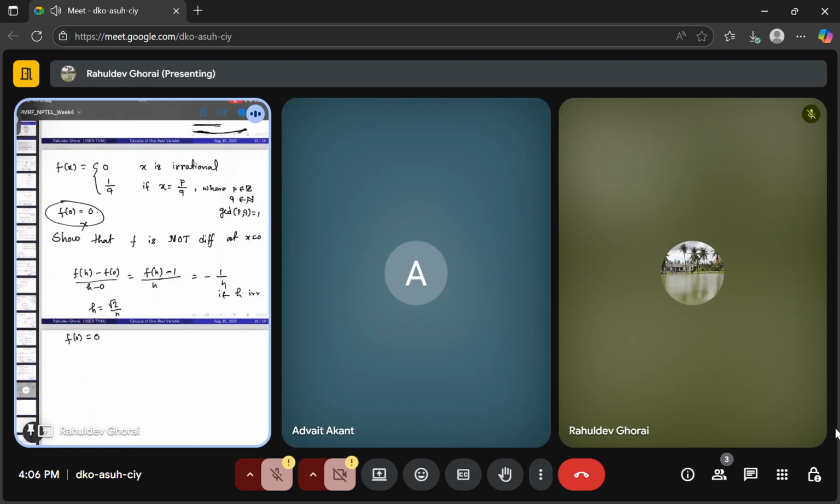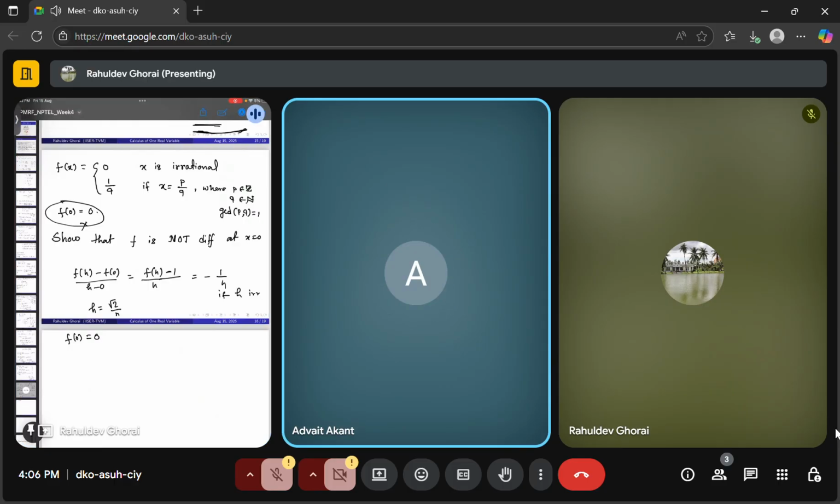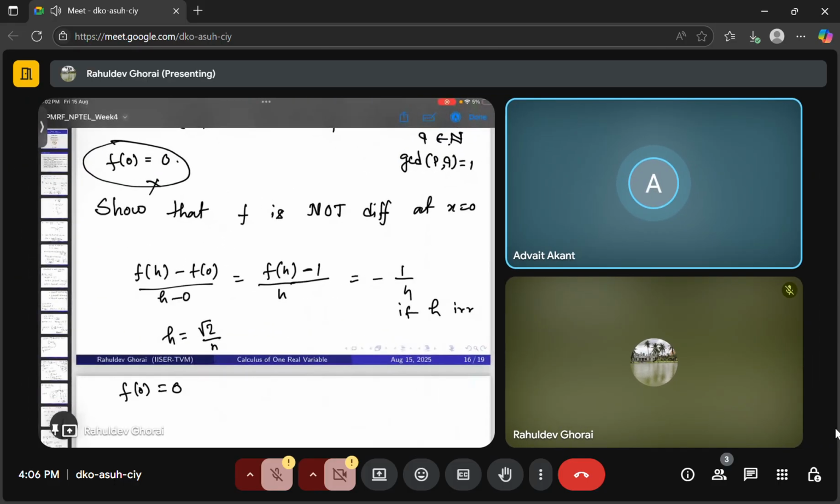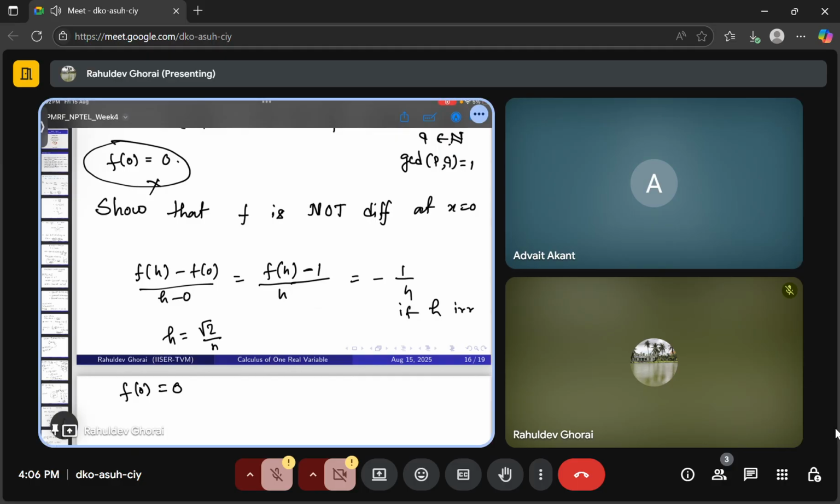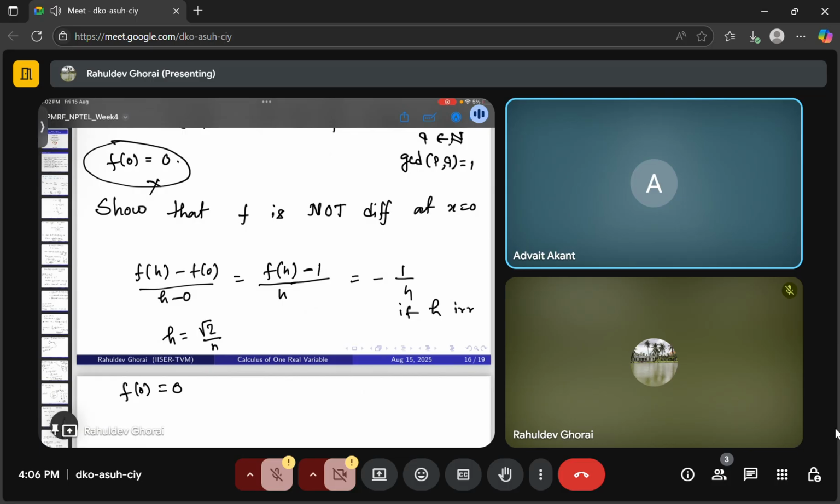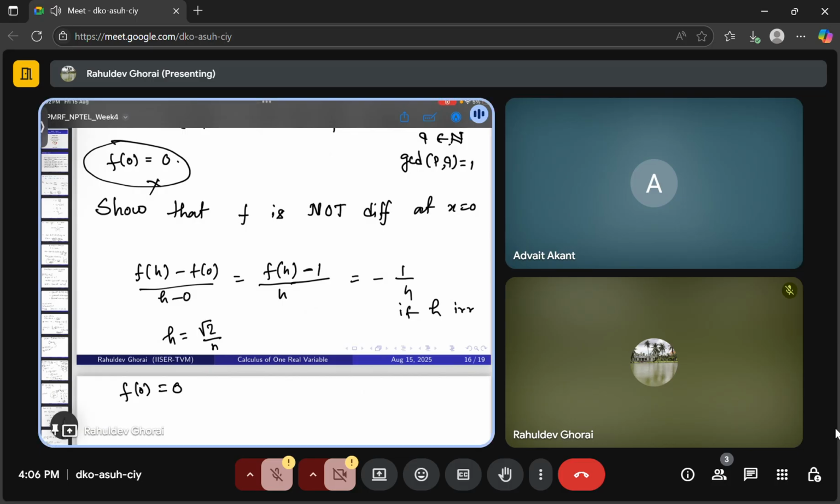Then, if h is irrational, then the limit is 0. You cannot say anything about that, so that will be 0.